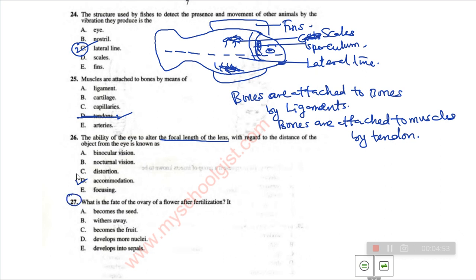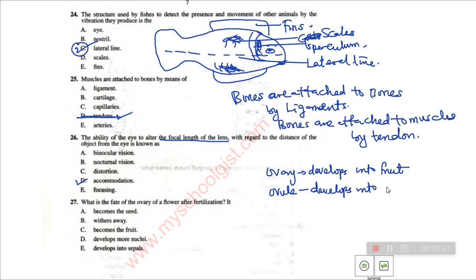Now let's look at number 27. What is the fate of the ovary of a flower after fertilization? When we are talking of the ovary, it is the female reproductive organ of the flower. The ovary is what later develops into a fruit after fertilization, while the ovule develops into a seed.